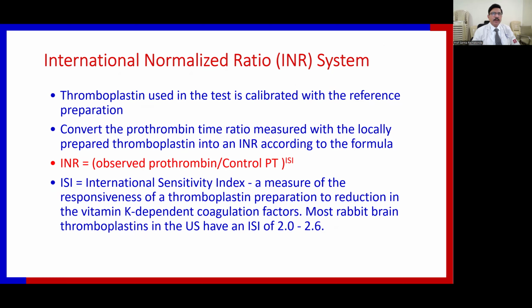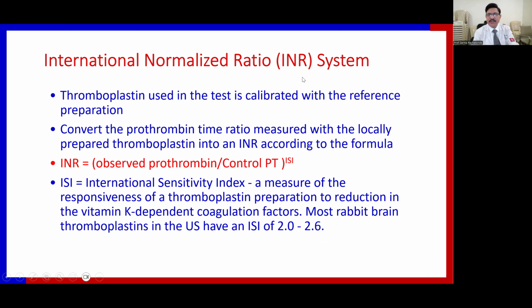Every day in the morning when the lab opens, they will take 1 or 2 ml of blood from the lab fellow and prepare a control prothrombin time, which they will keep. Every patient test is compared to that: observed prothrombin time of the patient divided by the control. For each patient, you don't have to do a control. One control is enough for the whole day.